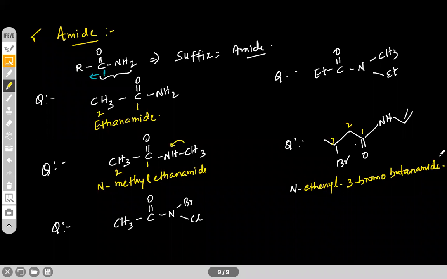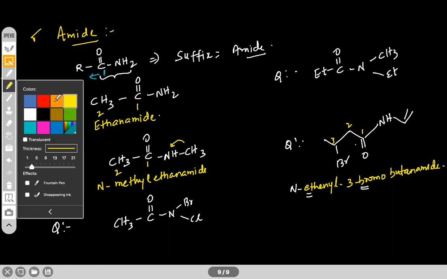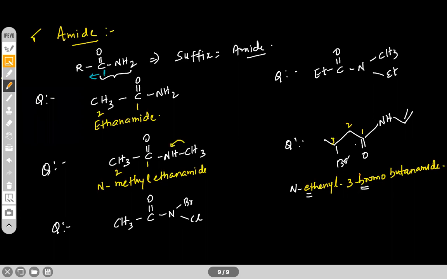Just a second, Archit. All of you have done this? Correct? But here you see one change we have to do. Bromo comes alphabetically first, then ethynyl. So we should write 3-bromo first, and N-ethynyl after that.